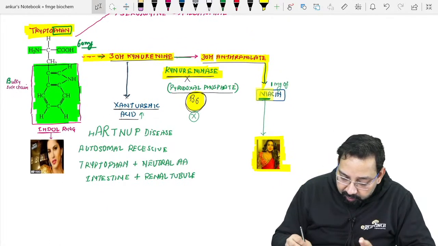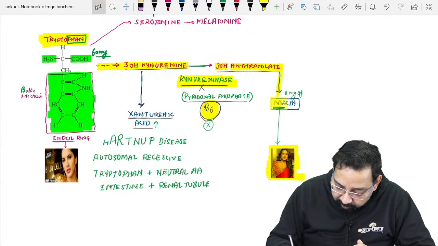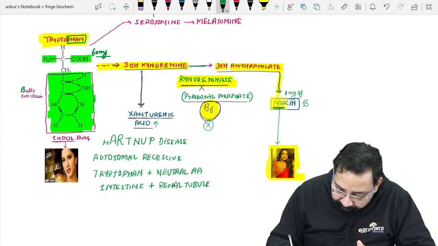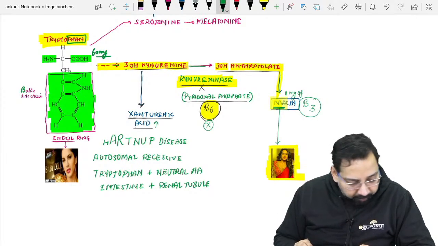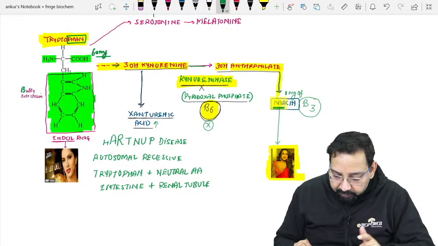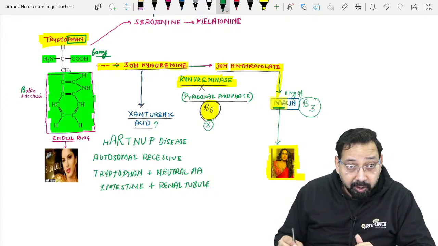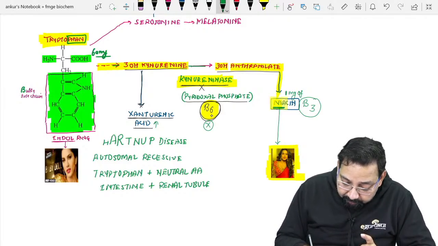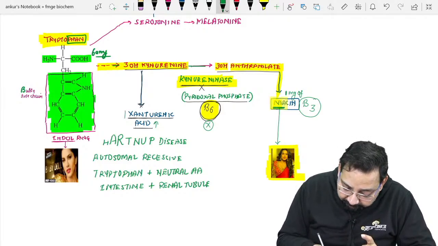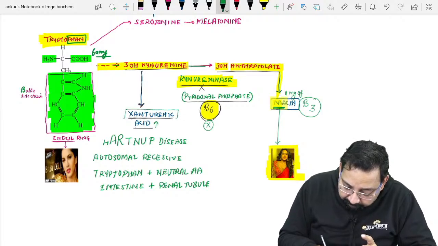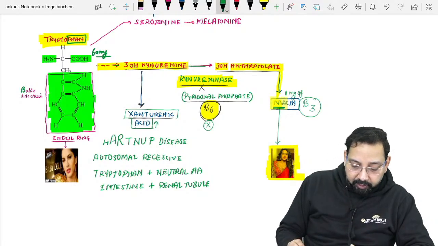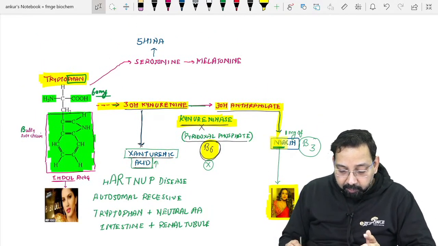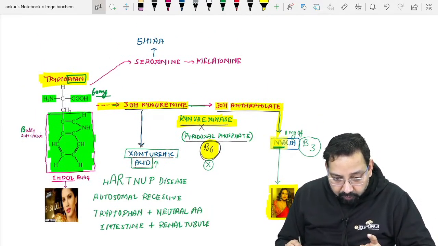Nia Sharma, that Nia Sharma is B3. Niacin is B3. Now if B6 is deficient, then xanthurenic acid is increased. I am a little bit slow. I know that this is a rarely read topic. Why I am so concerned about this, you will realize shortly.